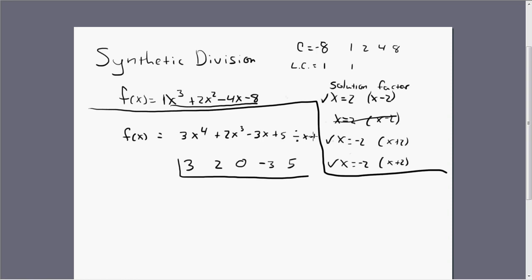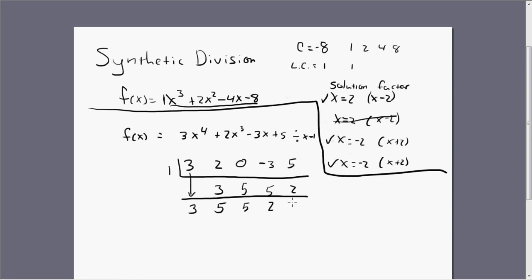The other thing is, remember, if I'm dividing by x minus 1, that's x minus 1 equals 0, so I'm actually dividing by a positive 1, because I'm looking for the solution. So I bring down my 3. 1 times 3 is 3, 2 plus 3 is 5, 1 times 5 is 5, 0 plus 5 is 5, 1 times 5 is 5 again, negative 3 plus 5 is 2, 1 times 2 is 2, and 5 plus 2 is 7.